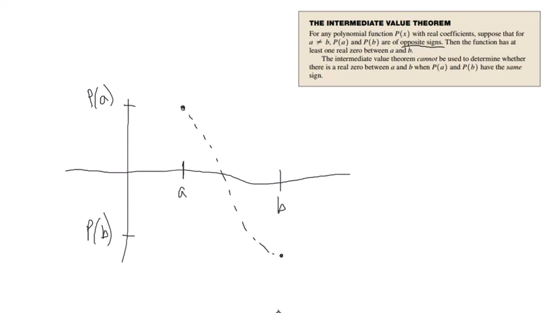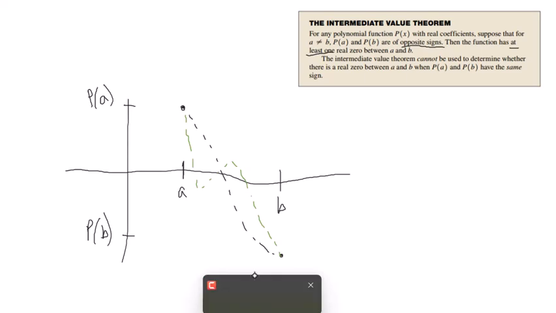Now, we know it has at least 1. So at least 1 zero. Because it could do the direct route, or it could take a scenic route and hit it multiple times. But either way, it's going to cross and have a 0 somewhere between the two.